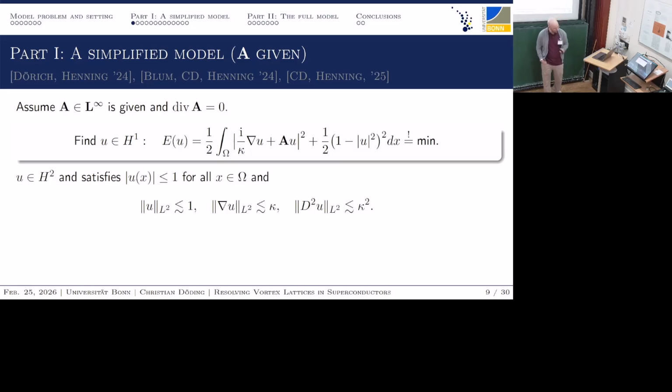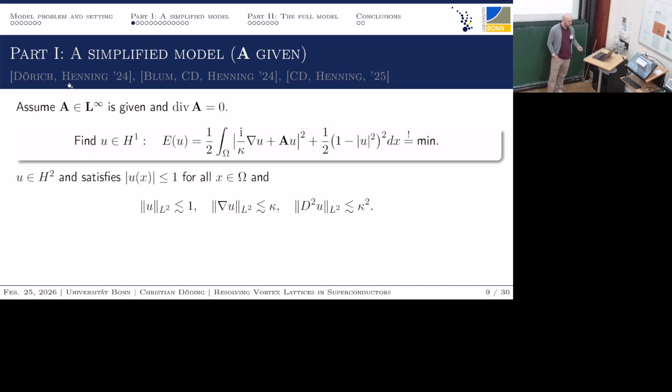And what you can prove is that this minimizer actually needs to be H2 regular. You can prove that it has magnitude between 0 and 1, which is in line with its physical interpretation of the density of these Cooper pairs, these electrons.